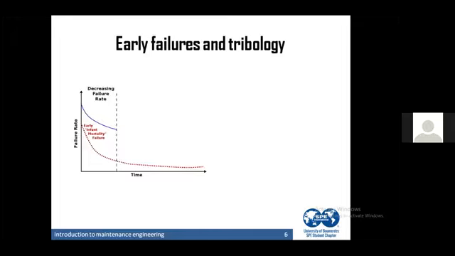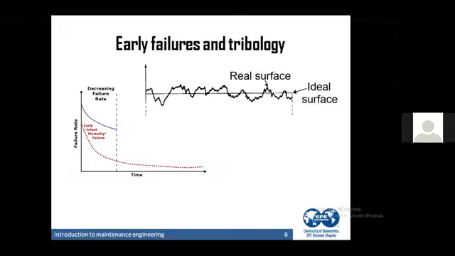Let's go to the first step of life of equipment, early failures. As you know, any equipment or any component or any surface, we always imagine it as ideal. But in reality, any surface has what we call roughness.